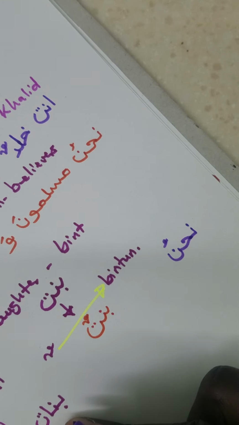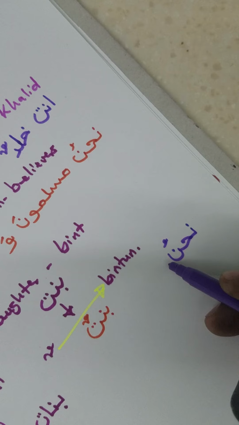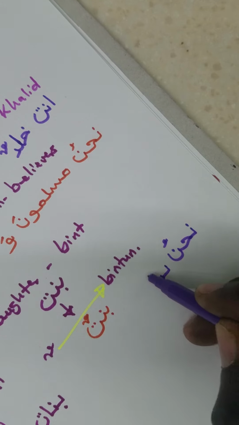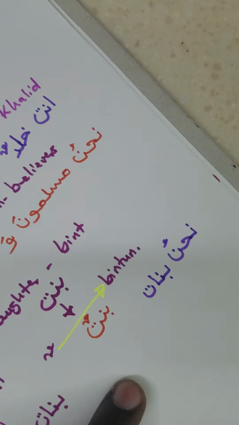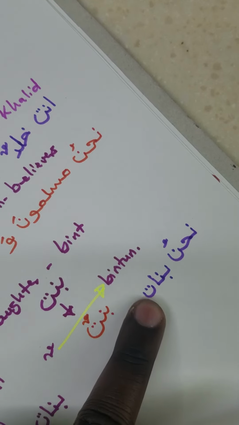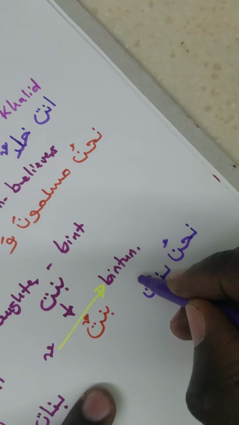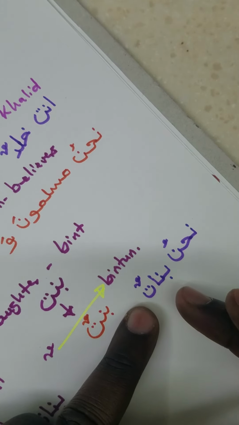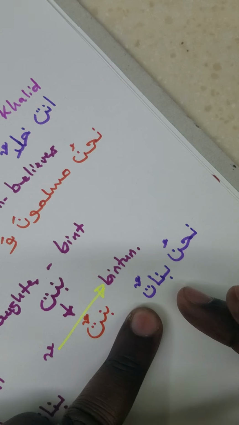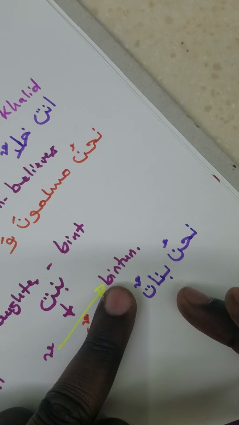Then you put on this word. Look, the plural for the word bint is banat, but because this word is not case one, you have to put a tanween. So the word which was banat will become banatun, because you put a tanween.